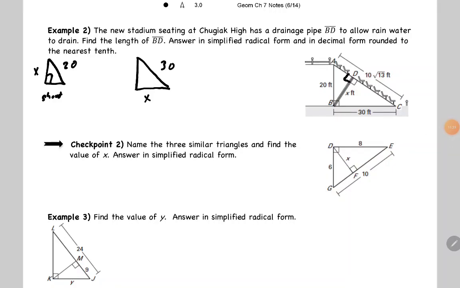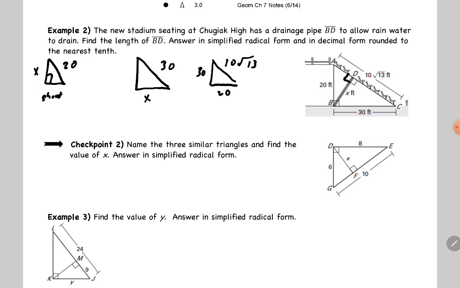So what we're missing here is we need to look at the big triangle. So the big triangle, so we have short, so if we're keeping our short end on the bottom, that would be 20, and the long end is 30, and then we have a hypotenuse of 10 root 13.